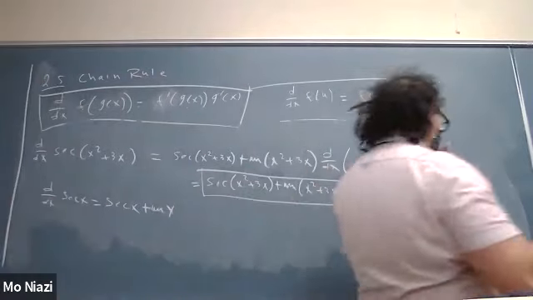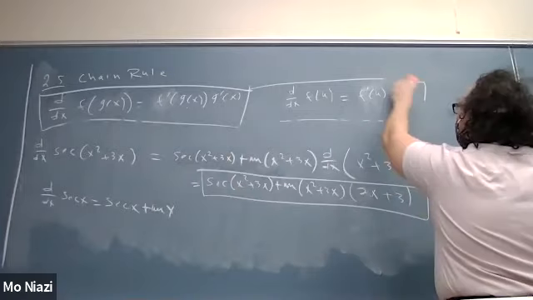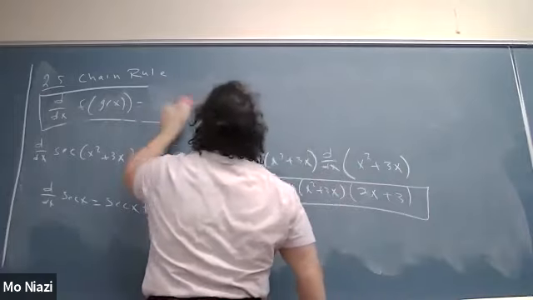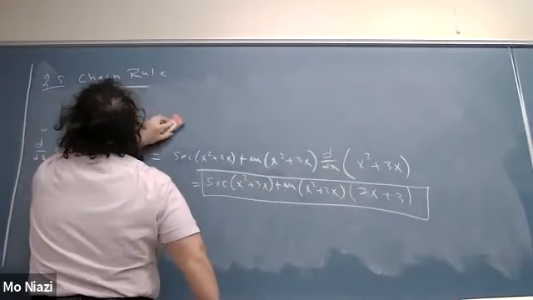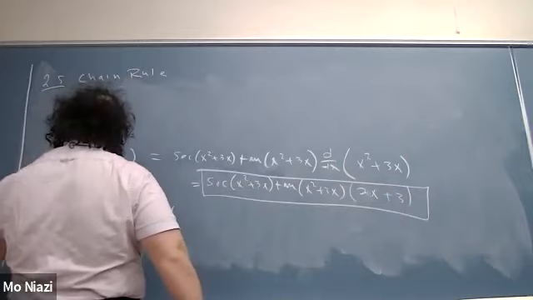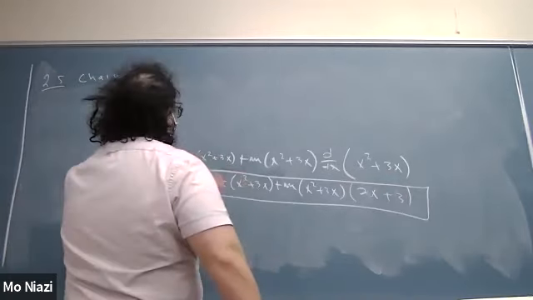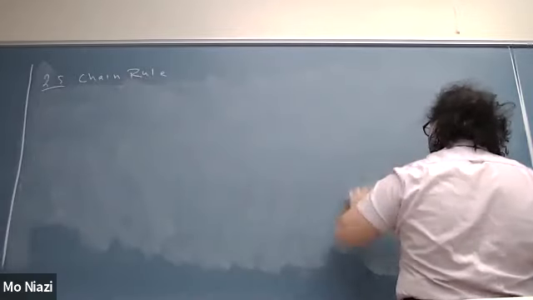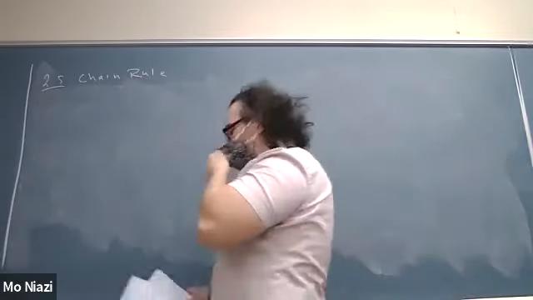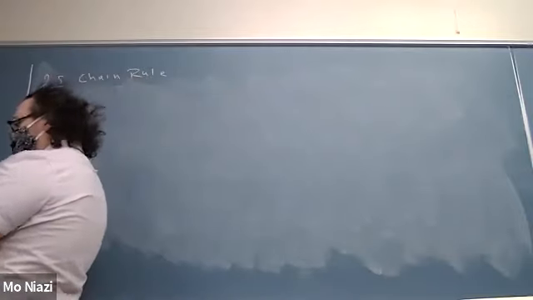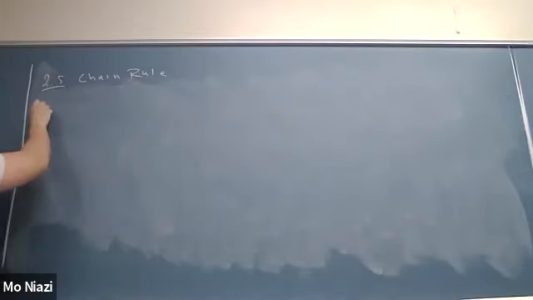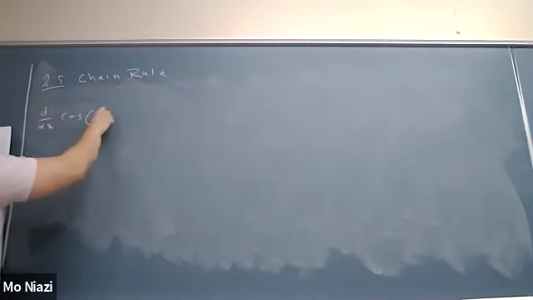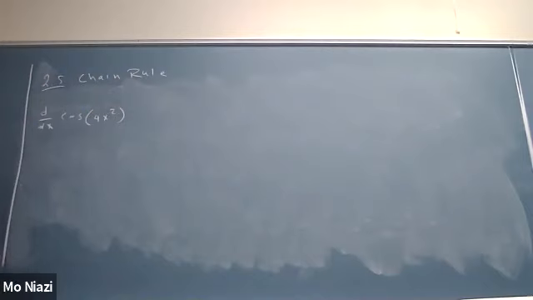Now that we have memorized the chain rule, let's clear up more space so we can do more problems at once. What about the derivative of cosine of 4x squared?